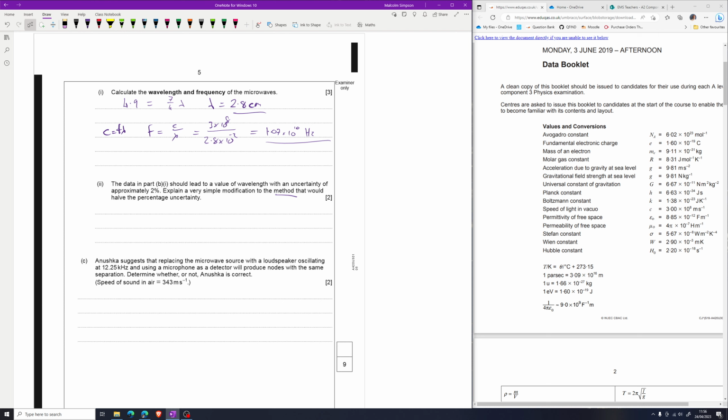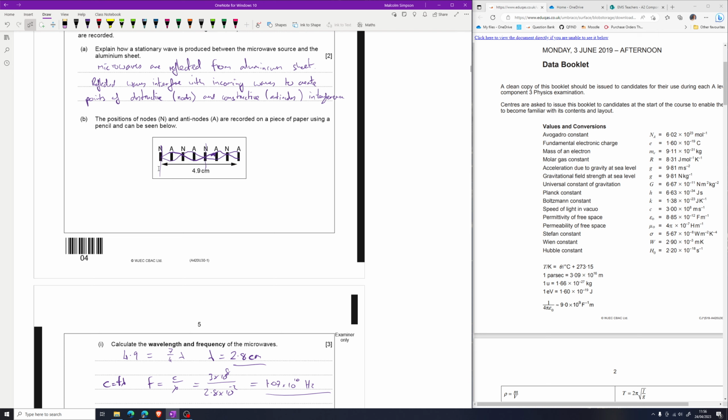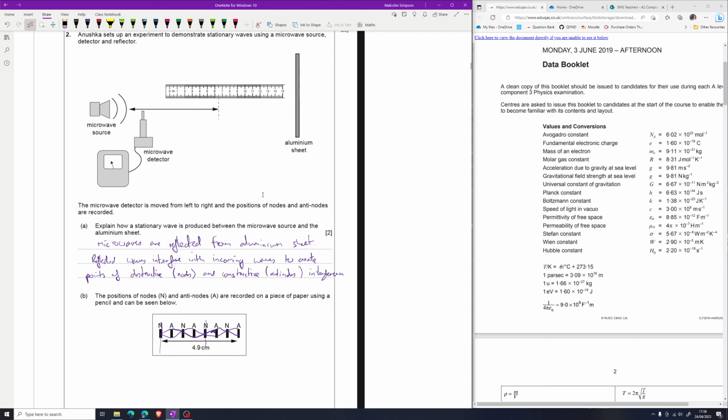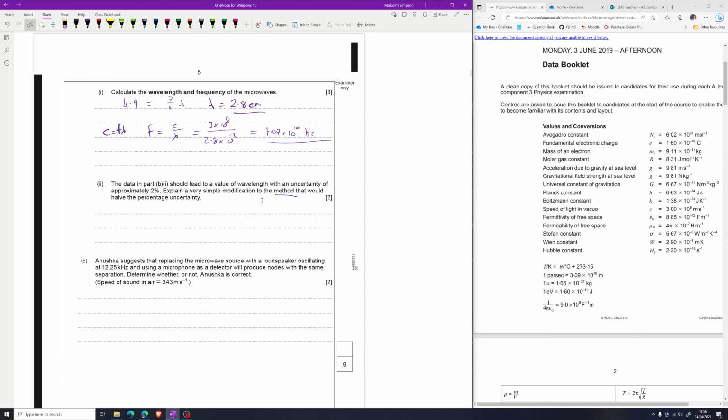What we wish to do is double the distance that we're measuring. So instead of measuring the distance between this many nodes, we would measure a much larger distance, something like that.